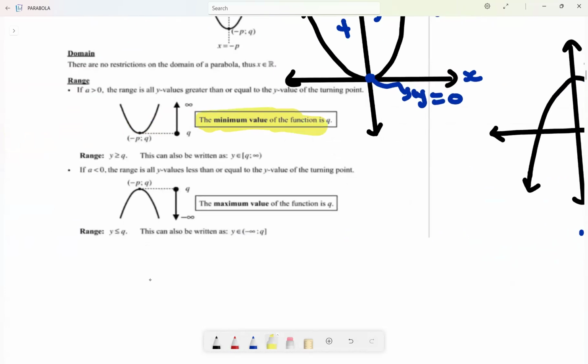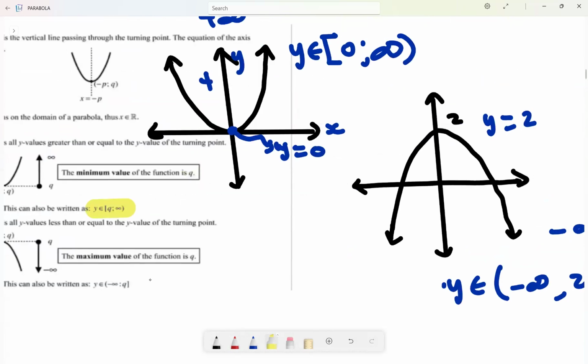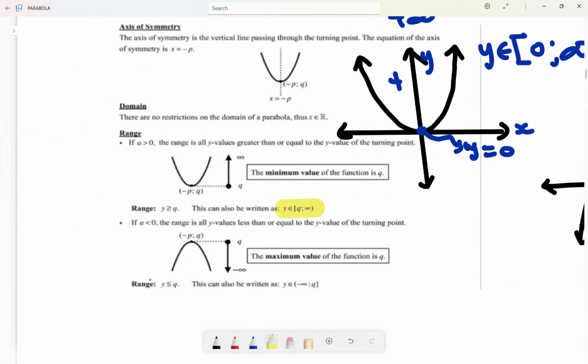So if these are the coordinates, if it starts here at q and goes up, our range is going to be what? As we go up, it goes to infinity. So it can be y is an element of q to infinity, like we wrote here. q in this case was 0 to infinity.